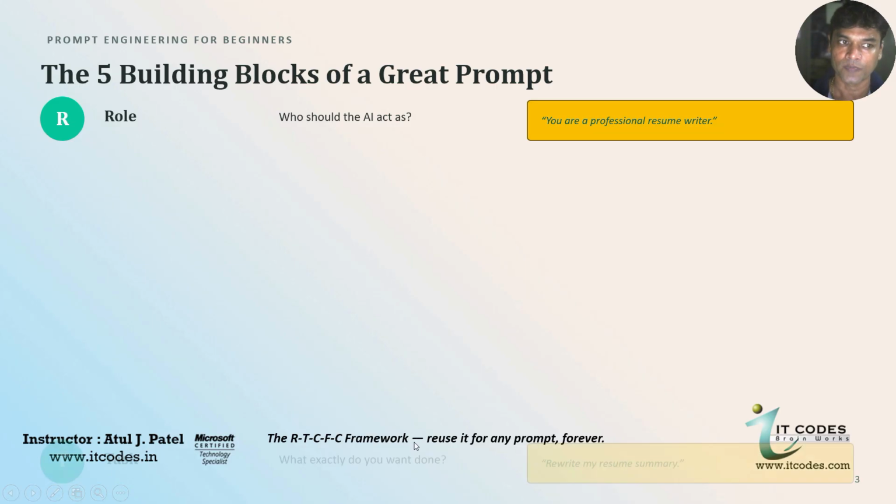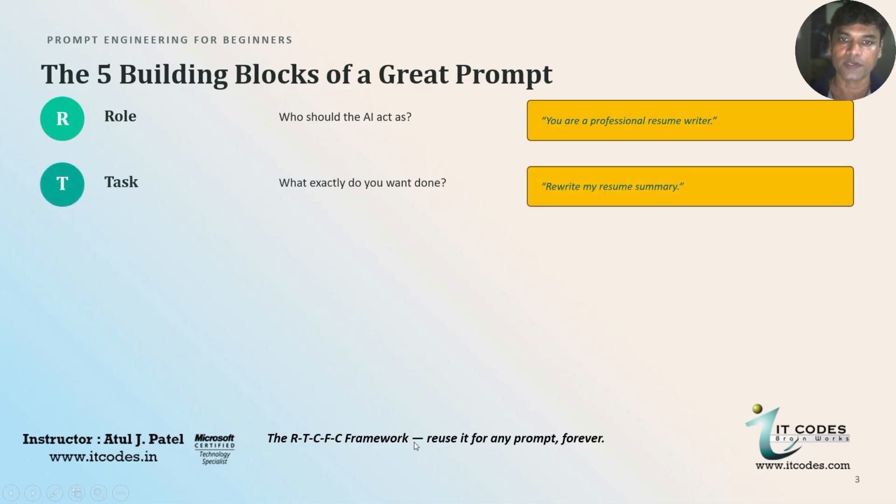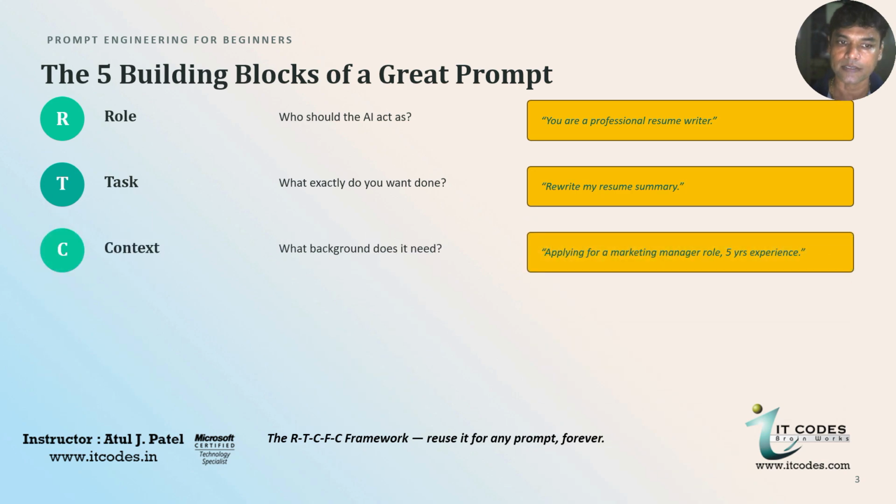Second thing, we have to give the exact task to the AI that we actually need. So what exactly do you want to do is the task. So we say rewrite my resume summary. Third is context.